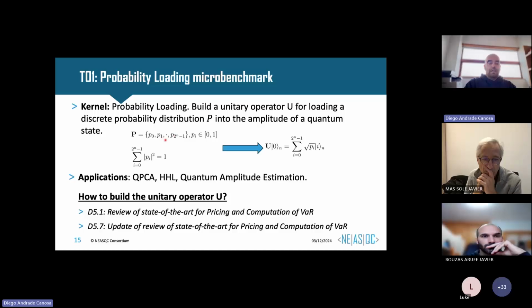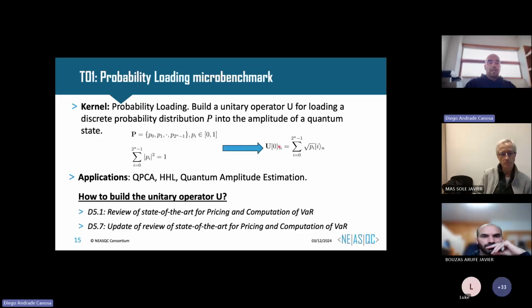So the idea is that if we have n qubits, we are going to have 2 to the n possible states, and each one of these basis states is going to have a given probability that we are going to use as an input. All this probability has to be normalized, so they have to add up to 1.